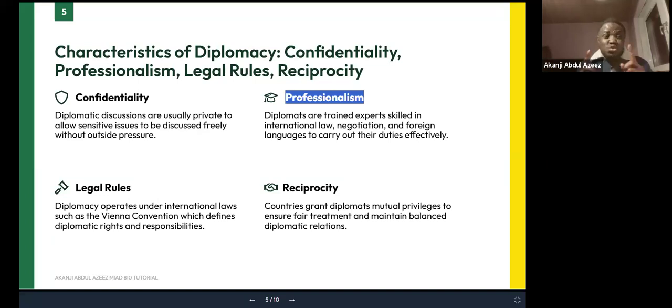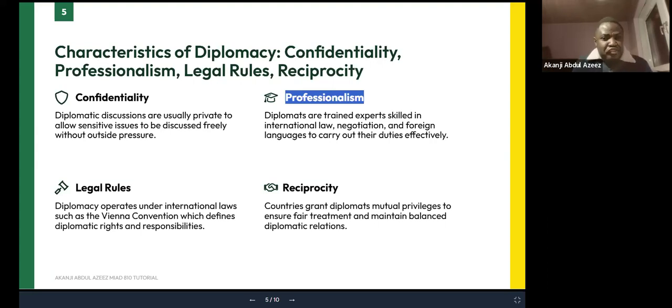You cannot just wake up one day. That is why we have career diplomats and non-career diplomats. The career diplomats are trained in that particular aspect. The non-career diplomats are experts in their own field, and they go on particular training to perfect themselves in that particular field they are being sent to.